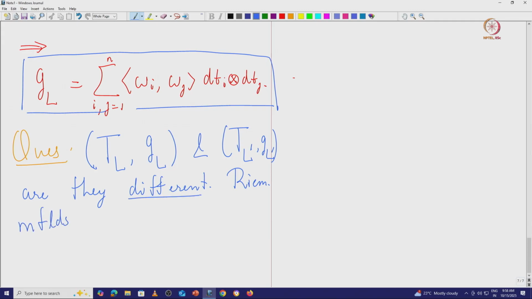When I say different, that means are they not isometric to each other? Or are they isometric?